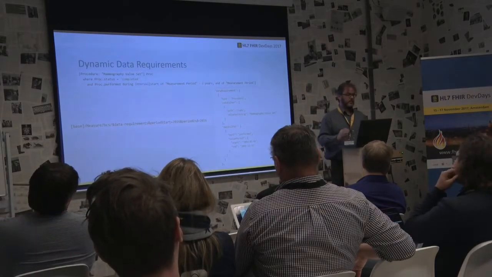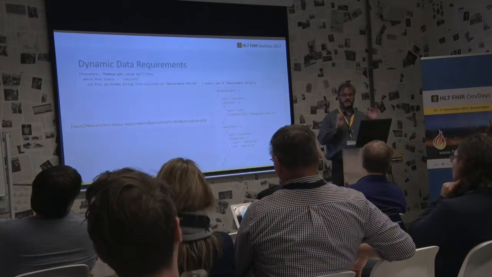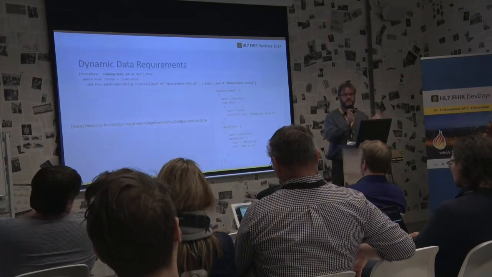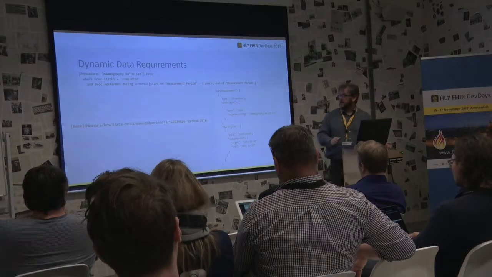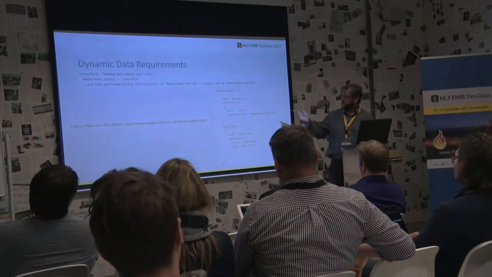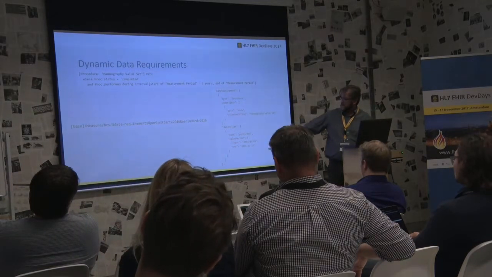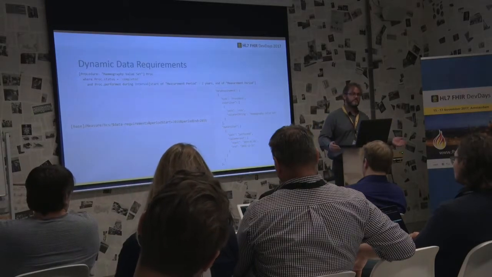So I say, what are the data requirements for this measure, given that I'm going to run it for a period of 2016. So in the 2016 reporting year, what data do I actually need? And what it comes back with is, well, you need procedures in the mammography value set, but in that range from 2 years before the measurement period through the end of the measurement period.